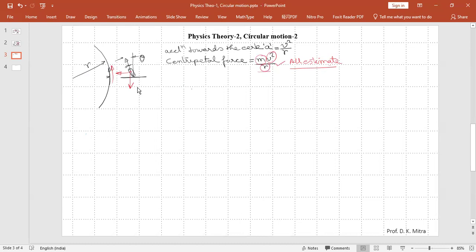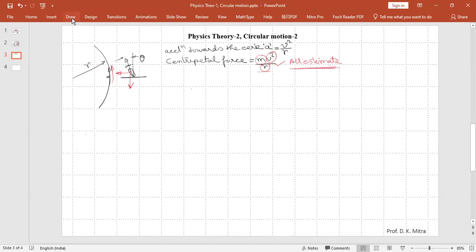You have to create the required amount of centripetal force. If your inward force is more than the required centripetal force, then you will fall inside the circle. If it is less than the centripetal force, you will fall outside the circle. So you will have many accidents.